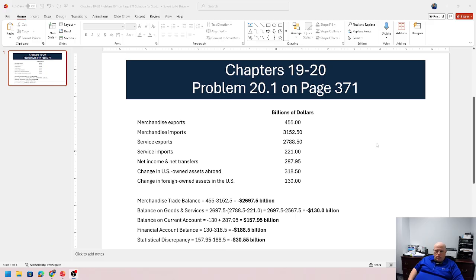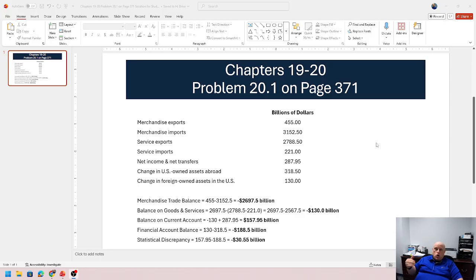$188.5 billion. Now, I noticed that there were several of you that forgot or maybe didn't do the calculation correctly, and you got a positive value rather than a negative value on some of these calculated values.